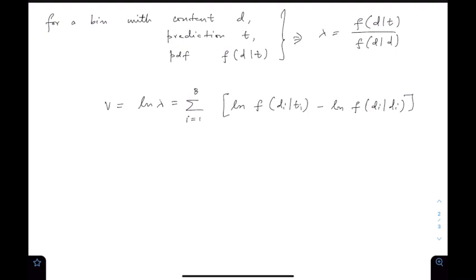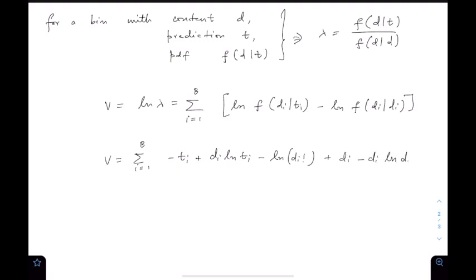If the bin content follows Poisson statistics, and by appropriately replacing the distribution function, we get, which basically simplifies as d_i minus t_i plus d_i times log of t_i by d_i.